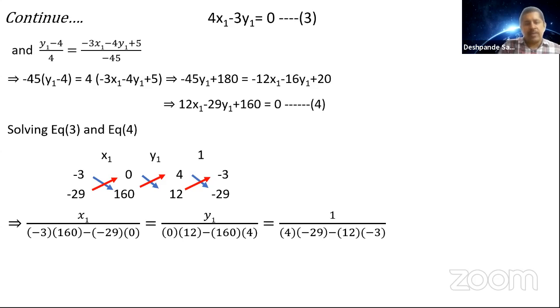So you get x1 by minus 480. Then y1: 0 into 12 is 0, 160 into 4 is 640, so minus 640. Then 4 into minus 29 is minus 116, minus 116 plus 36 is minus 80.